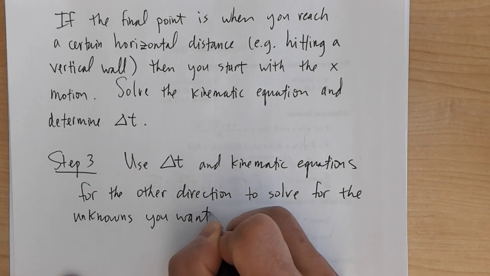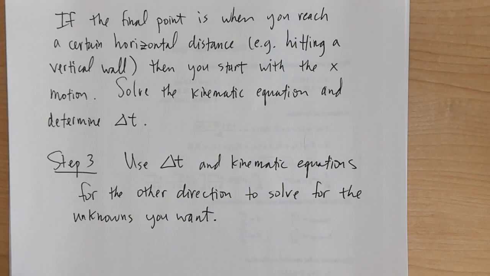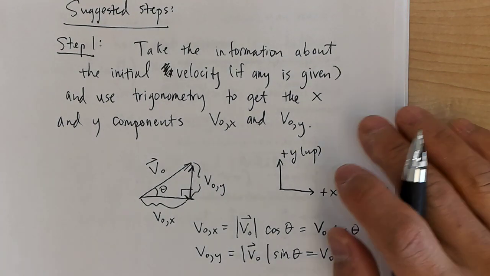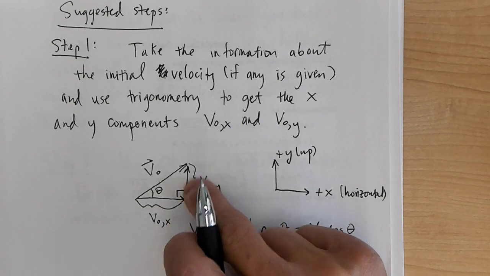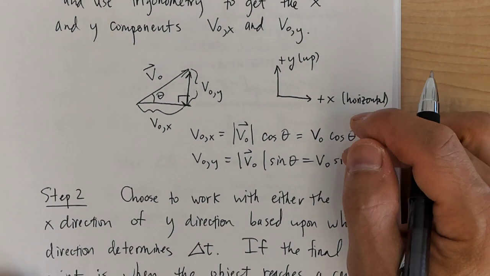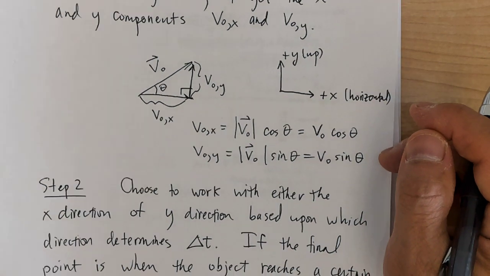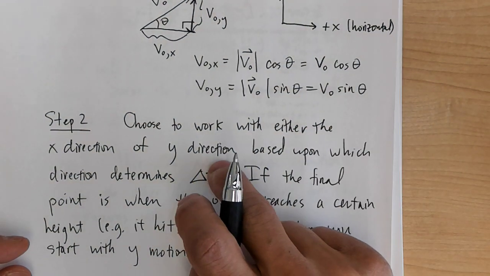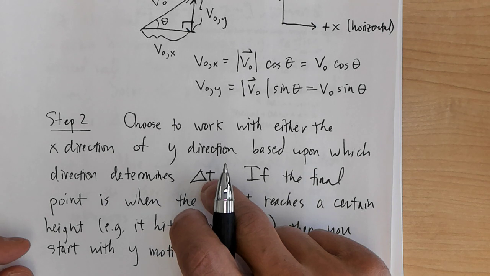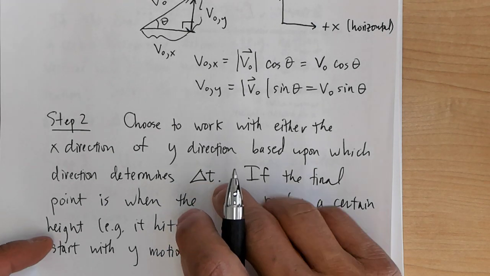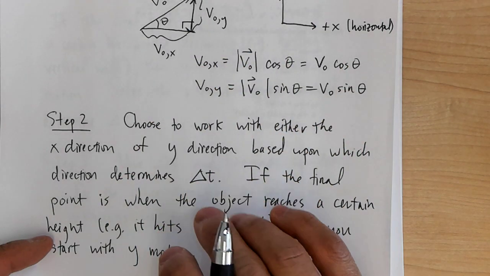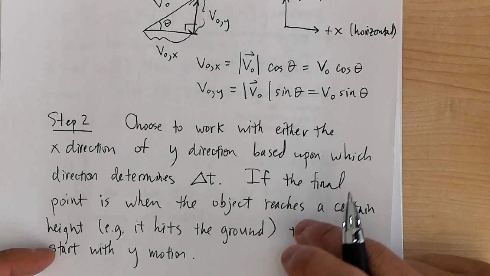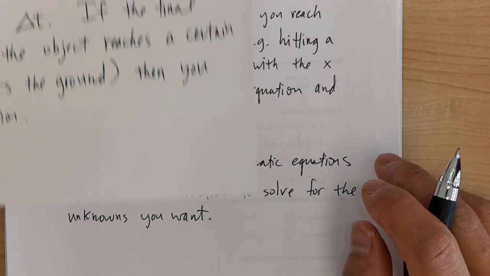Of course, we're going to do some examples, but just to review, step 1 was to take the information about the initial velocity, get the x and the y components using trigonometry. Step 2 is to figure out which direction determines the delta t when the final point is reached. If it's determined by how high you are, or whether you reach the ground or hit the highest point, then it will be the y direction that you start with.